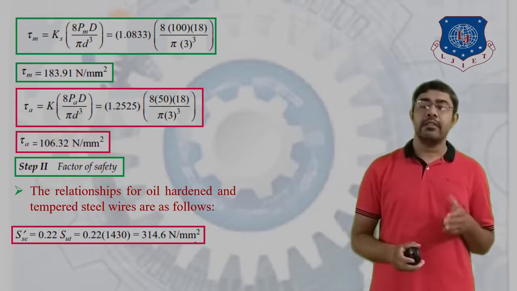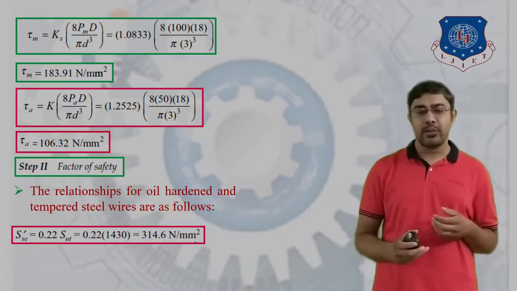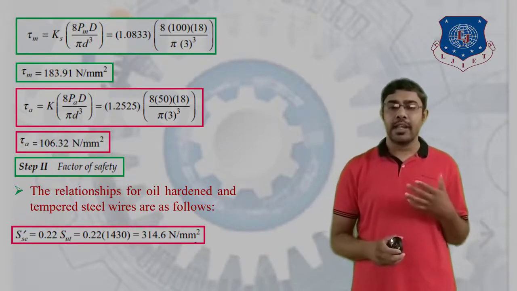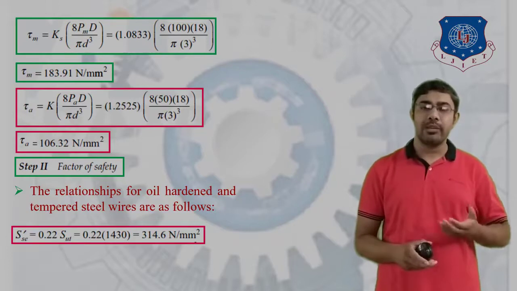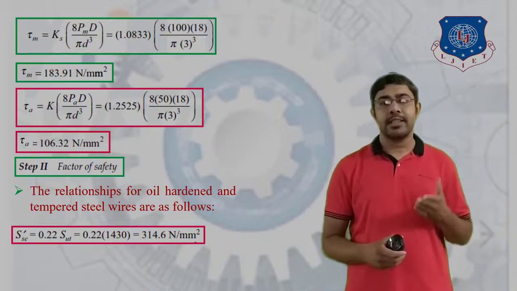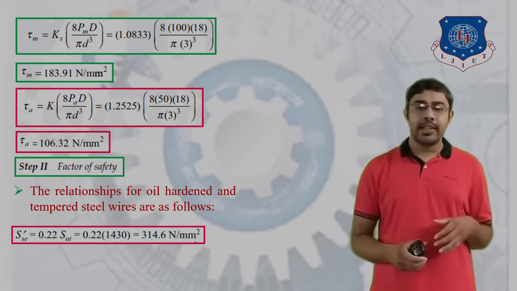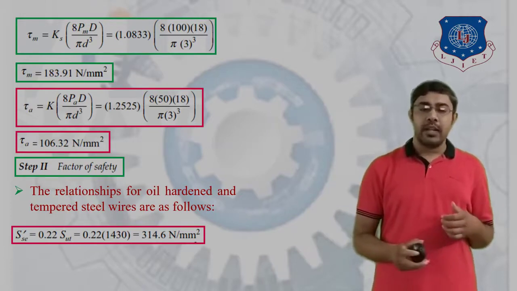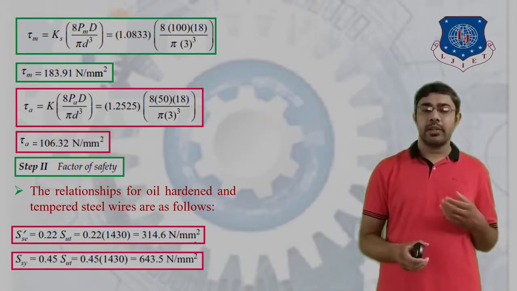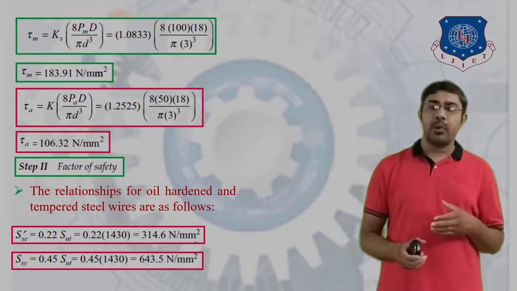For that we know the relation S dash AC is equal to 0.22 SUT. We have to directly use this equation, and here the SUT is given, that is 1430 Newton per mm square. If we place the value of SUT, we get S dash AC, that is the endurance limit, equal to 314.6 Newton per mm square. Now the second relationship according to these conditions is SSY is equal to 0.45 SUT.